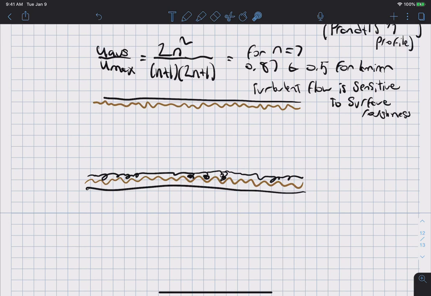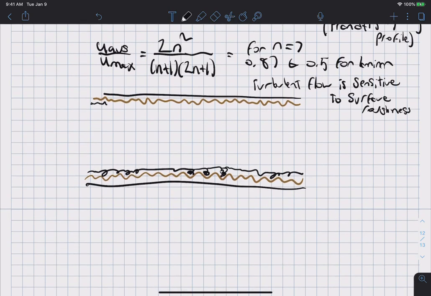And there are also more fundamental reasons why surface roughness affects a turbulent flow. But for a laminar flow, the flow has a lot lower momentum, so it has time to turn and hug all these little valleys. And so for a laminar flow, the surface roughness does not have an effect.